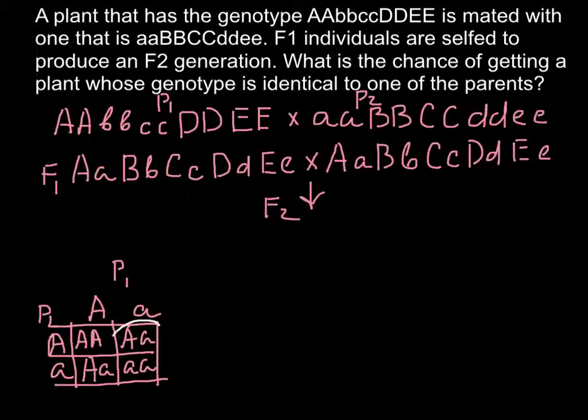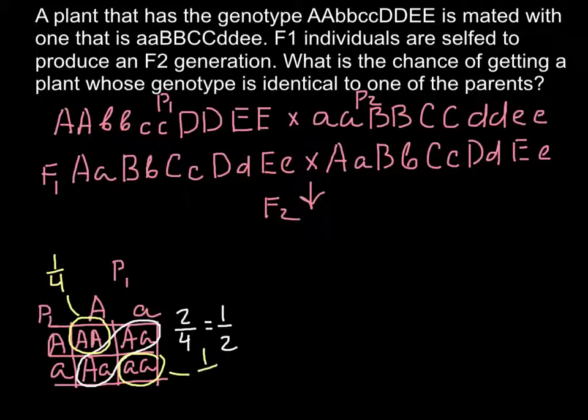So as you see, the frequency is going to be 2 out of 4 heterozygous, capital A small a, or we can say that this is 1/2. And here we would have frequencies that are going to be 1/4 homozygous dominant and 1/4 homozygous recessive.